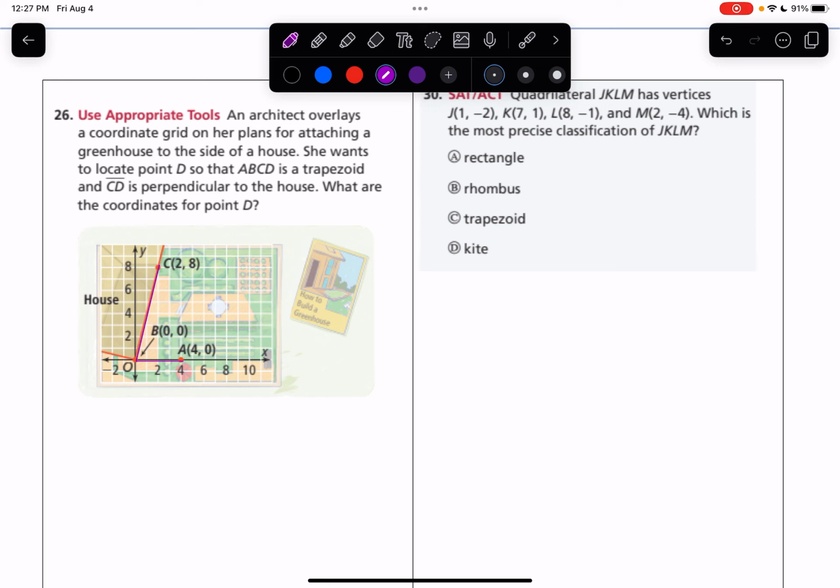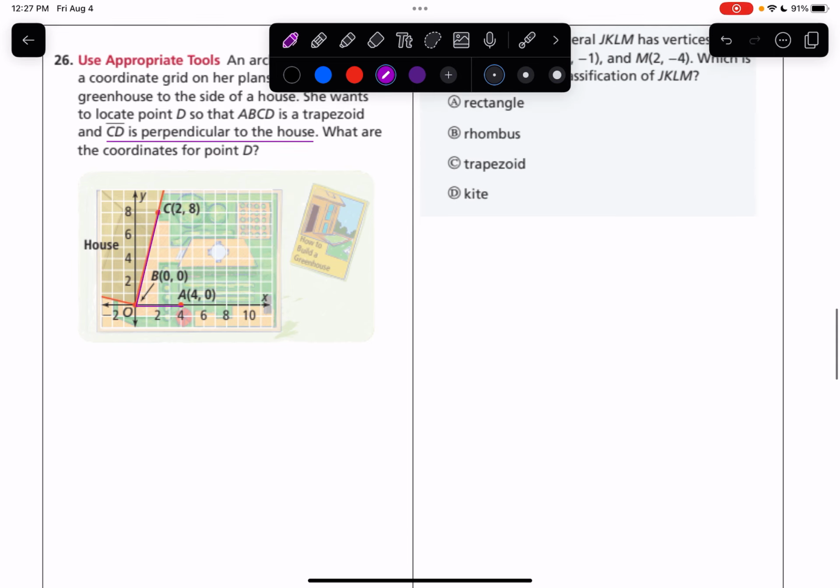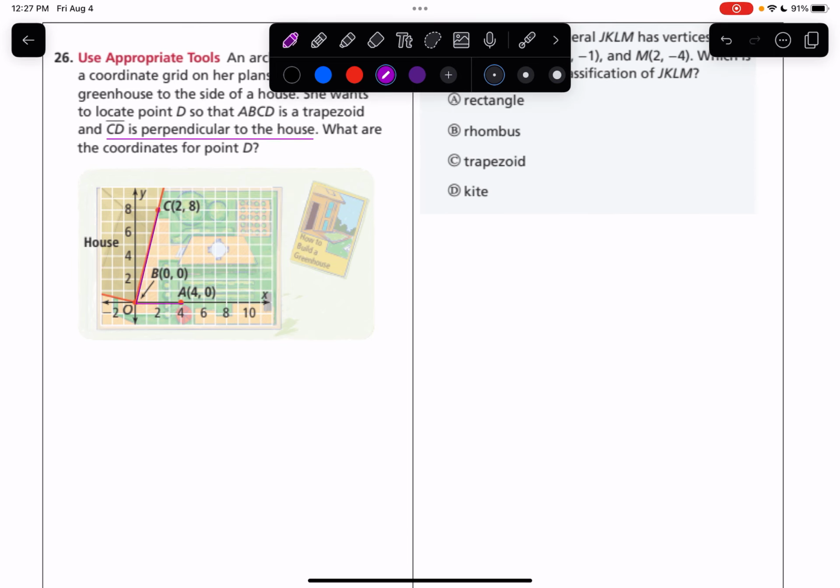And we don't know where point D is going to be yet, so we can't finish our shape yet, okay? But we do know that CD is going to be perpendicular to the house. So our first step is going to be to find the slope of the house. And we've got 2 points on there. We've got 2, 8, and we've got 0, 0.